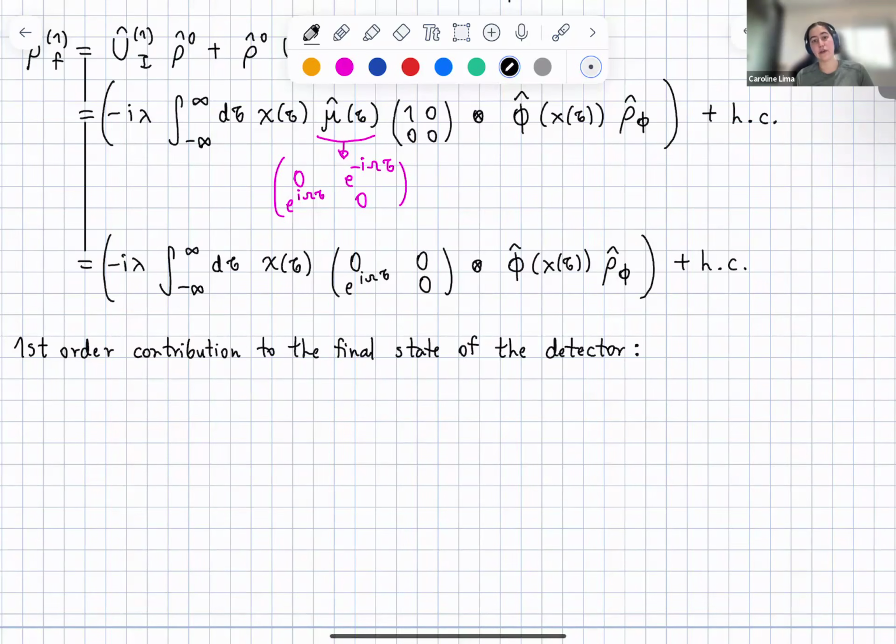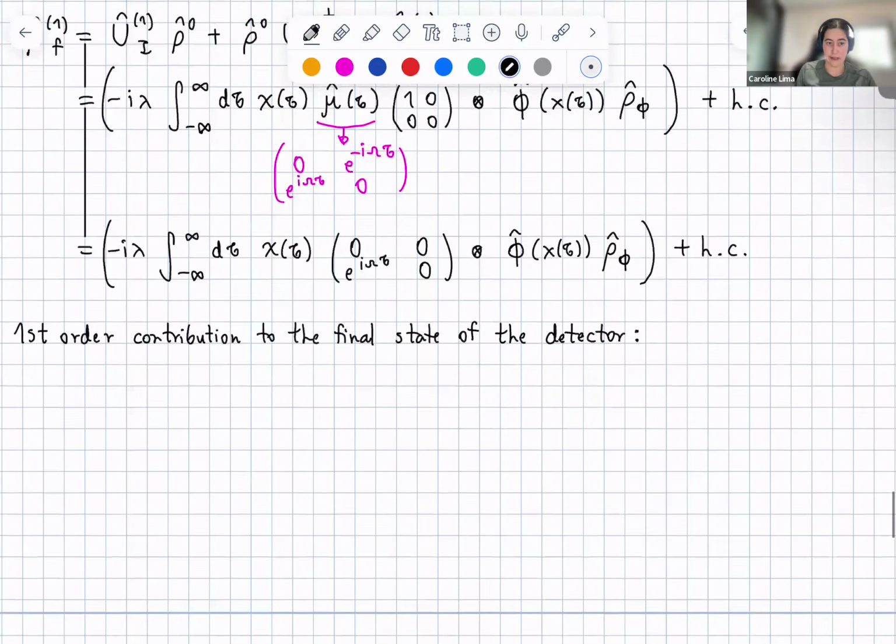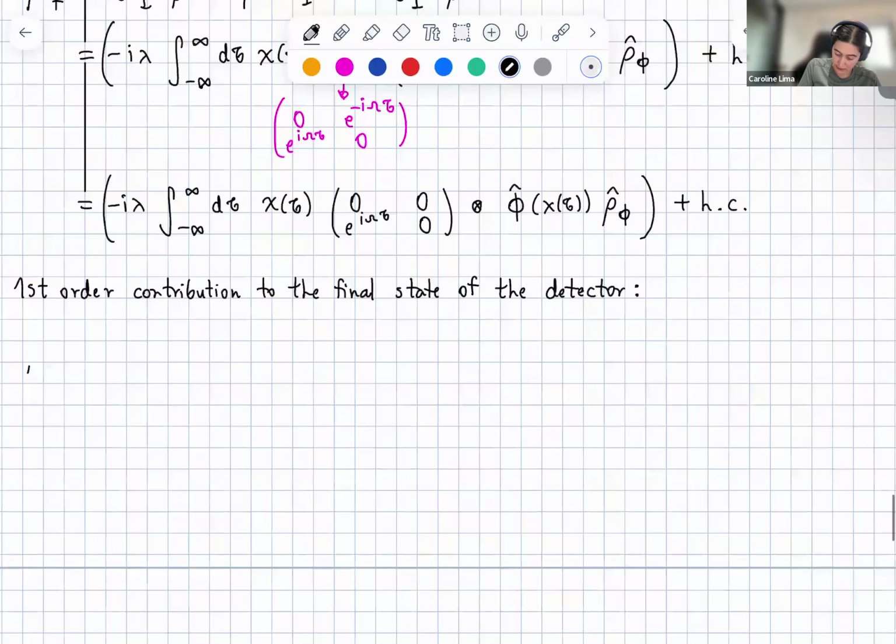As we discussed before, of course, I have these two contributions, but I'm just going to have to trace out over the field degrees of freedom. So I already write the matrix form of this. So as I said, just the trace over the field of whatever we just computed.